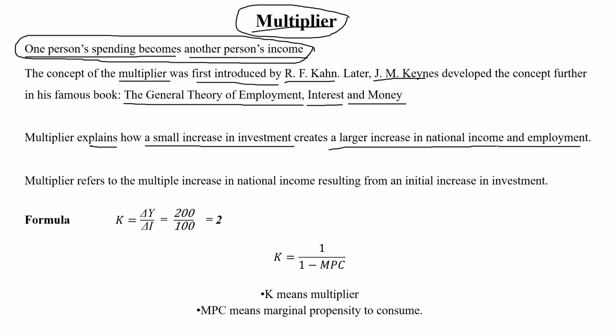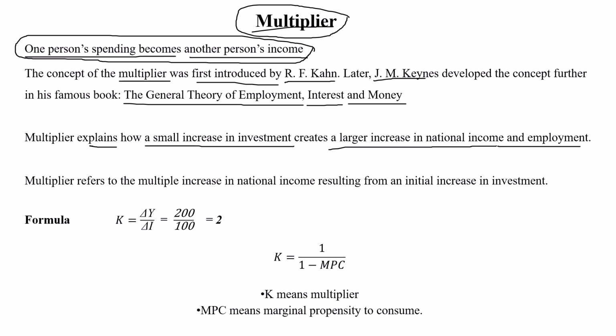So in this example, workers' spending becomes shopkeepers' income, and shopkeepers again spend half of that amount on consumption. This chain continuously happens. This is the process of the multiplier.